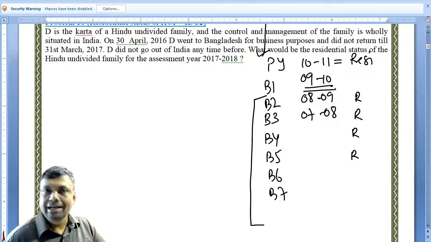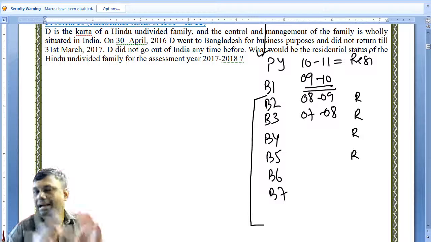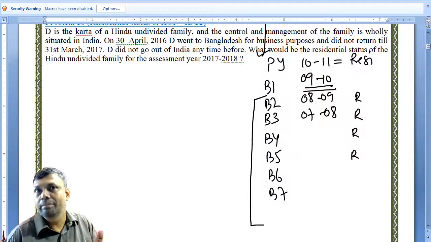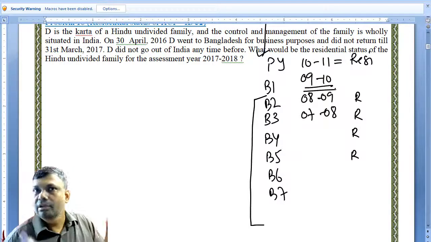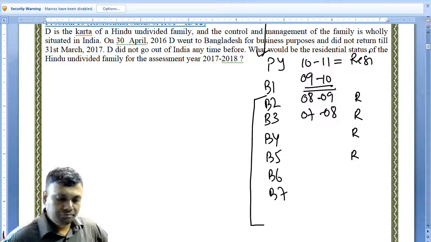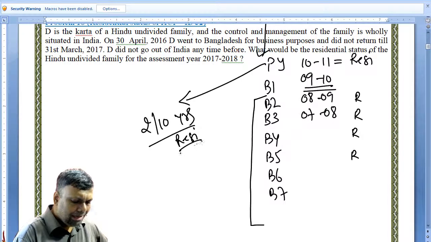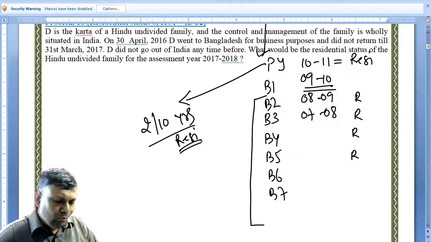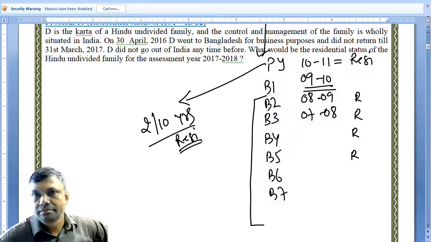But logically, before 9-10 is also before 10-11. That is only 1 year difference. Understand conceptually, because that's a trick played in the question. 9-10 is before 10-11 because the timeline sequence goes in the same order. So with respect to this year, you want 2 out of 10 years resident. You don't know exactly which 7 years out of the 10 years, but the 2 of the 10 condition will get satisfied.